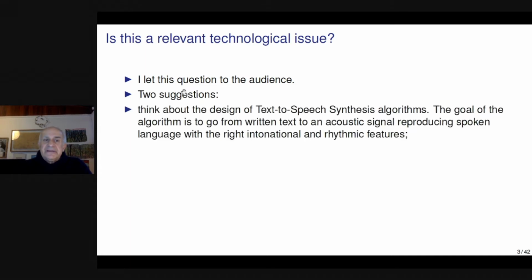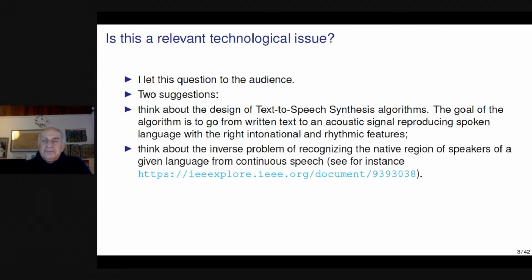The first hint is, think about the design of algorithms of text-to-speech synthesis. The goal of such an algorithm is to produce an acoustic signal reading a written text in a natural, realistic way. There is also the inverse problem.